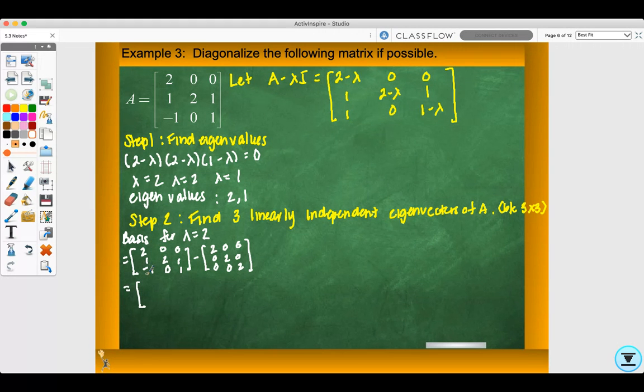And I end up getting 0, 1, 1, 0, 0, 0, and 0, 1, negative 1, I believe.